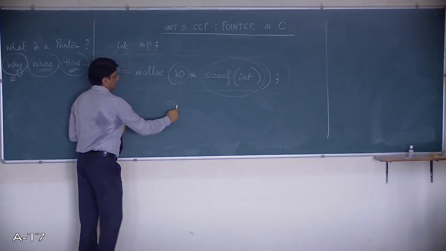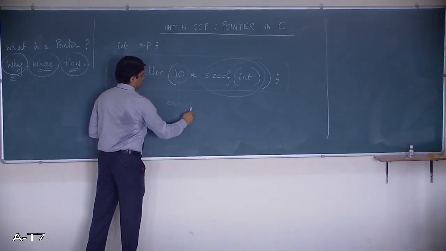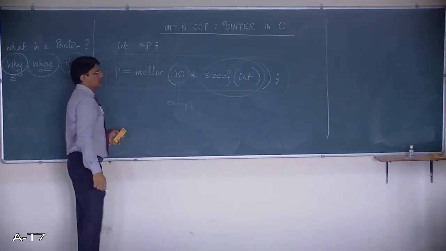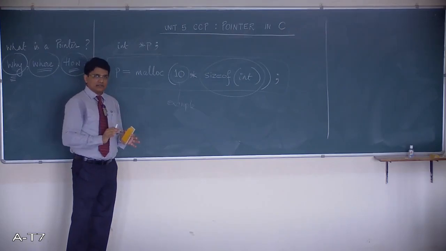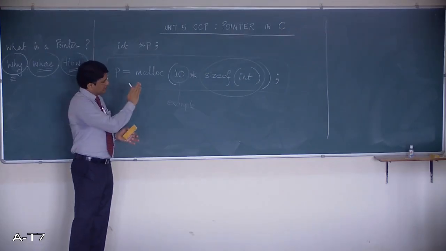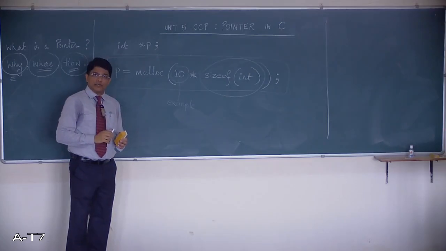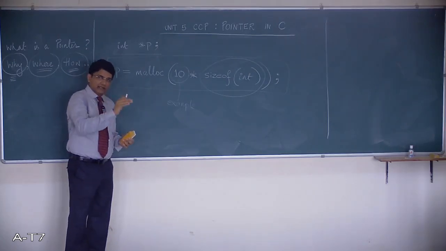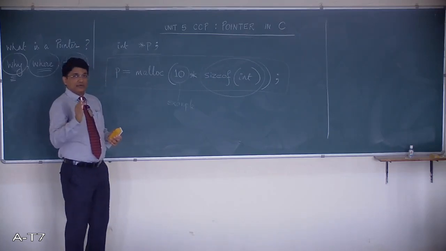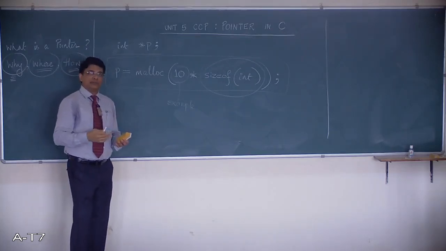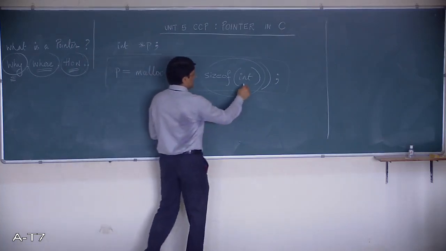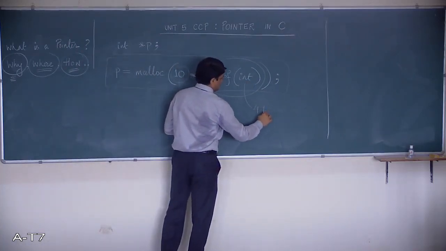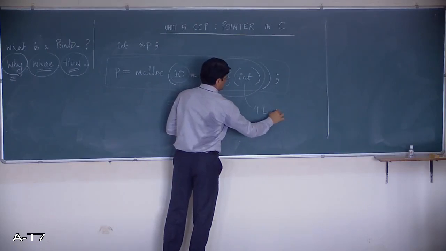We have taken an example. This is just an example. 10 into sizeof(int). We have already studied what the sizeof operator is. Sizeof, within brackets, any data type if you give. For example, you are using a 32-bit processor machine in which the size of integer is 4 bytes.